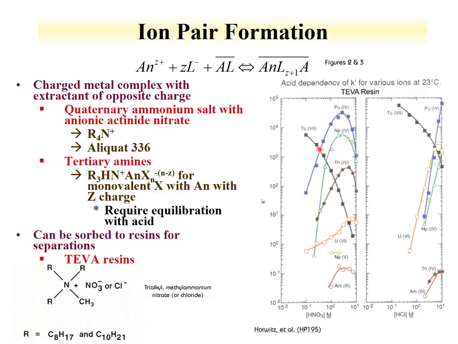It's a K prime value, which is similar to a distribution for a column, and we see similar behaviors where changes in oxidation states influence the extraction. In this case the trivalents are poorly extracted, pentavalents a little bit better, and then the +6s and then primarily +4s in the nitric and HCl systems.